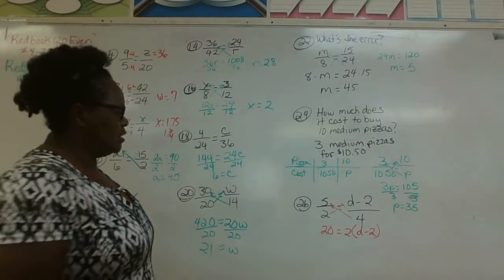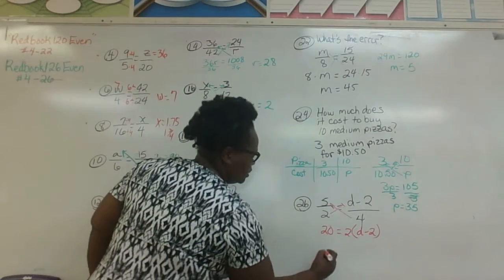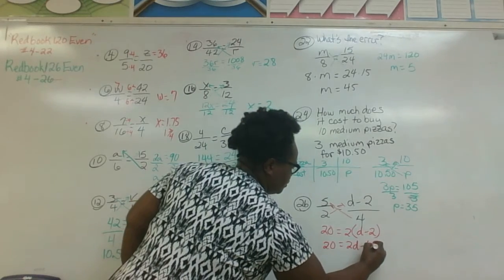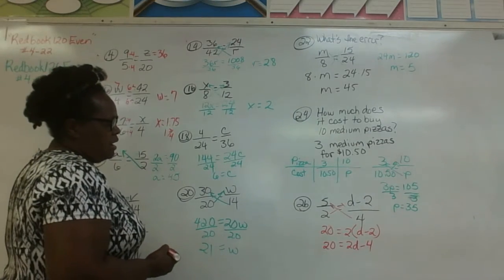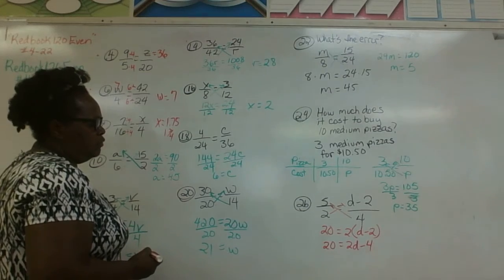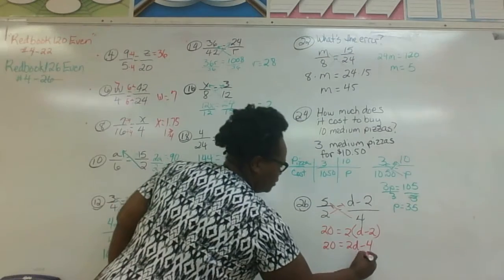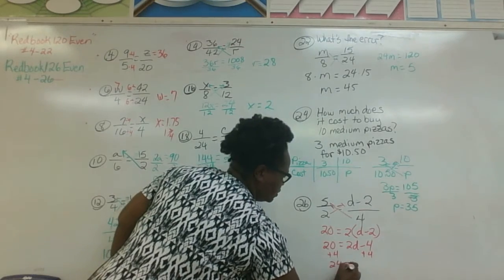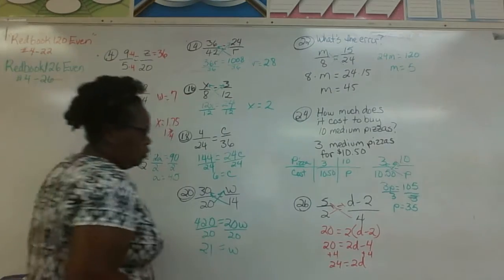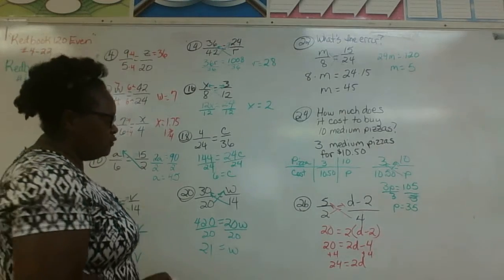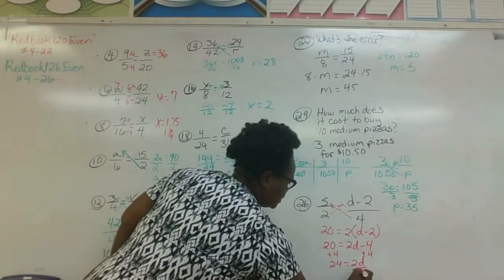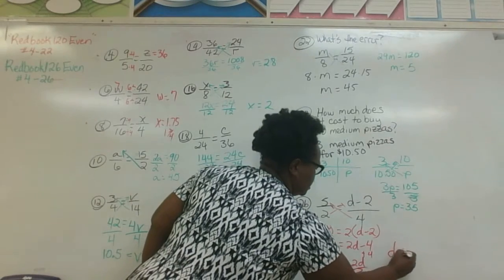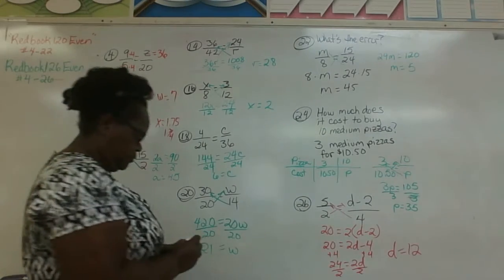So that we have 20 is equal to 2d minus 4. Okay, now we want to move the 4 over by plus 4 plus 4. So we have 24 is equal to 2d. We want to isolate d by moving 2 out. Both sides are divided by 2, and therefore d is equal to 12.